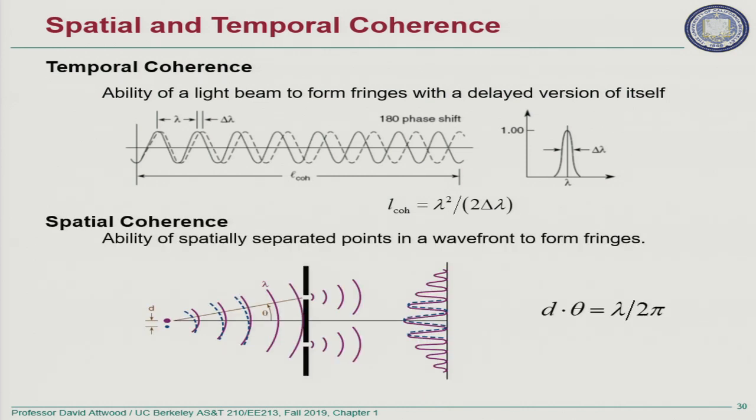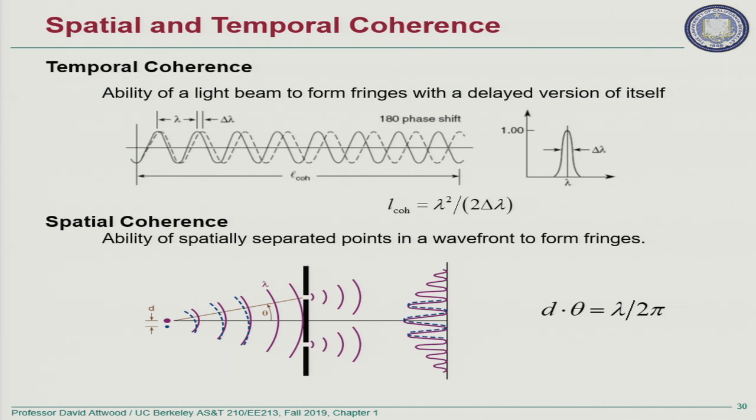Spatial coherence is slightly different, and usually a little bit harder to grasp than temporal coherence. Spatial coherence is about if you separate two points in space and or angle, how far can you separate them and still have them interfere with each other?